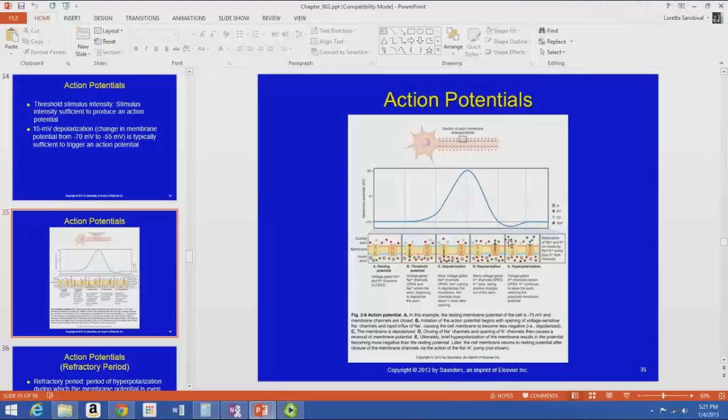But a lot of times it goes below the -70 millivolts. That's the hyperpolarization. So the cell becomes even more negative than the resting rate. And that becomes important when we start to talk about refractory periods, and we will talk about that in the next section.